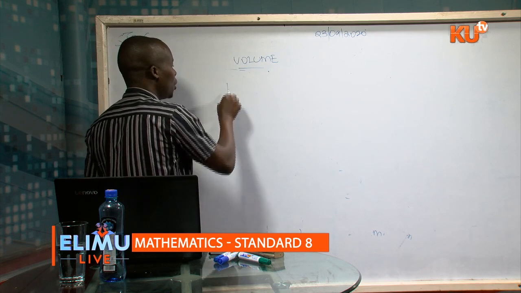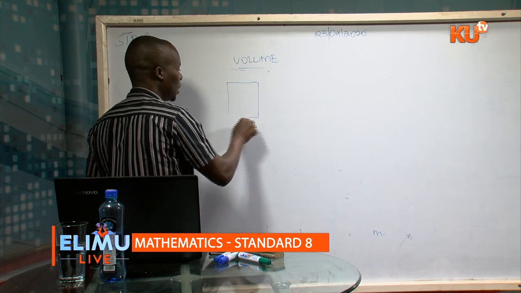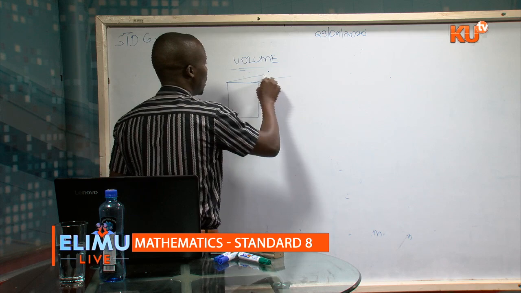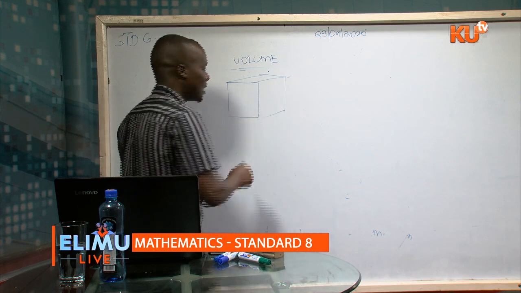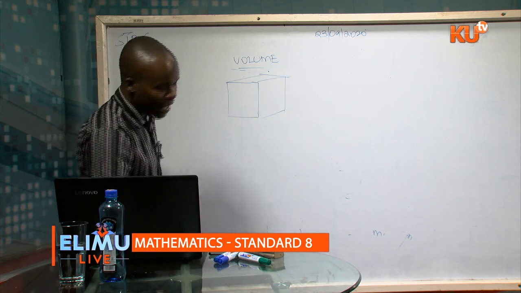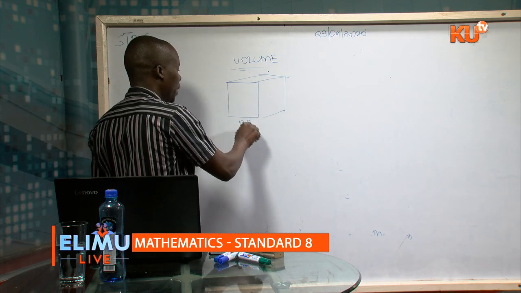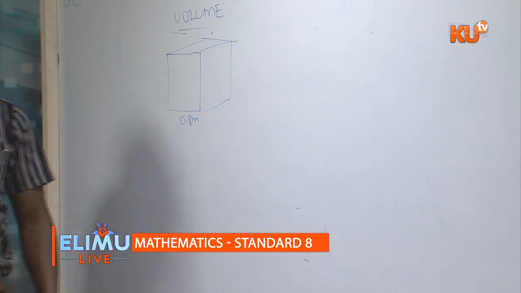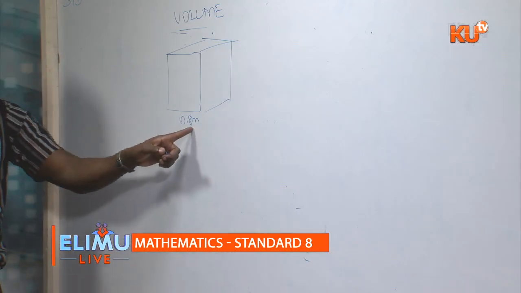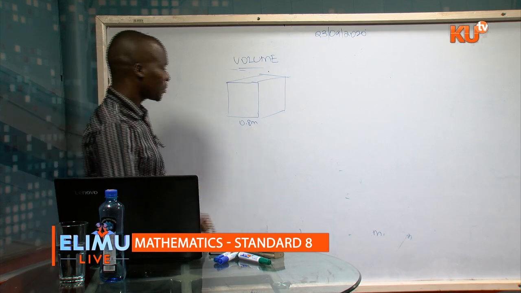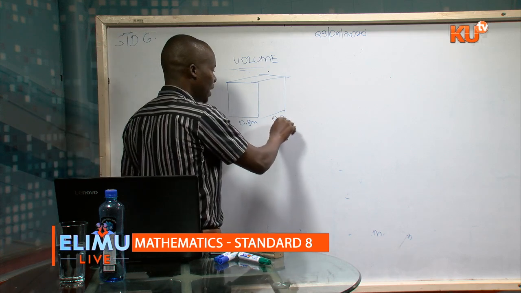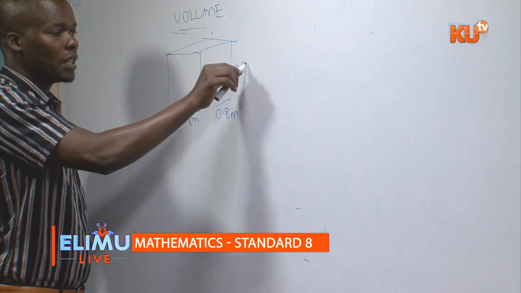So the volume of a cube which has a length of 0.8 meters. You are given 0.8 meters, also 0.8, 0.8.